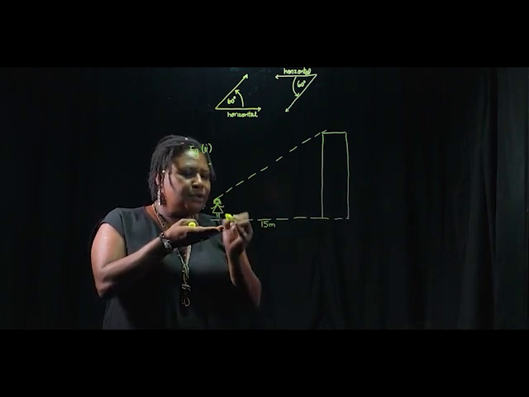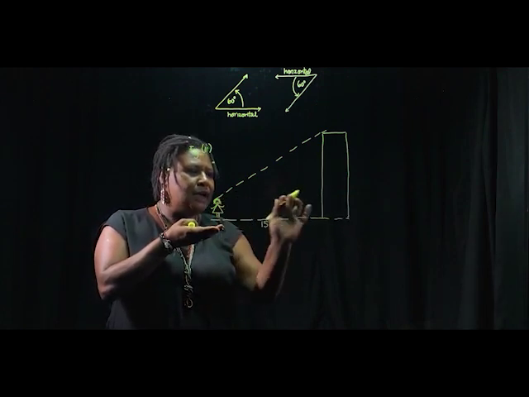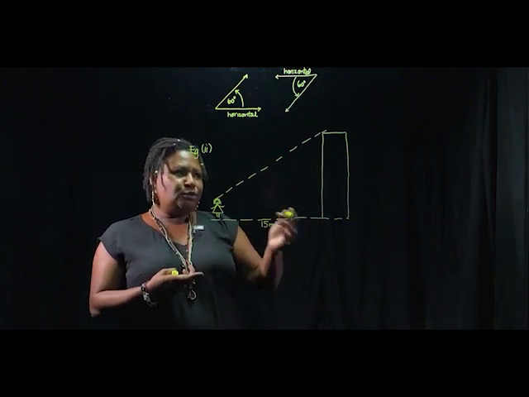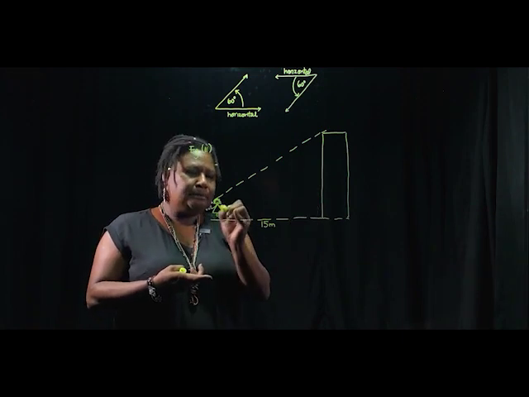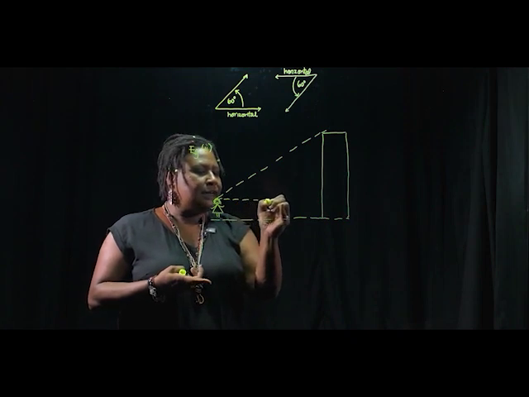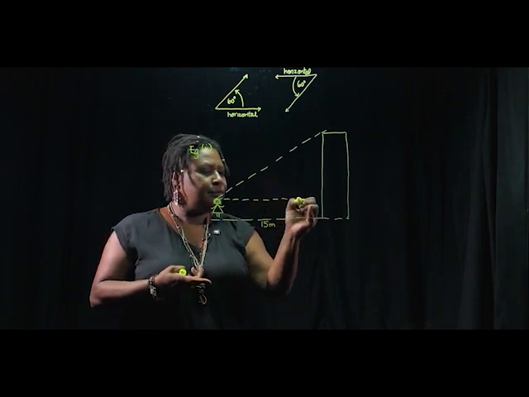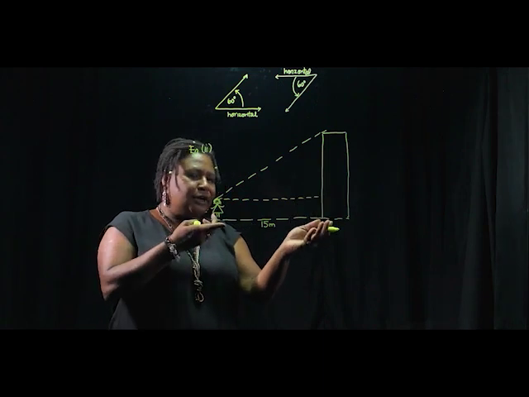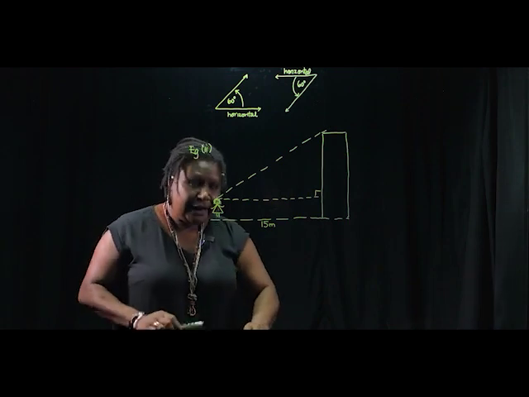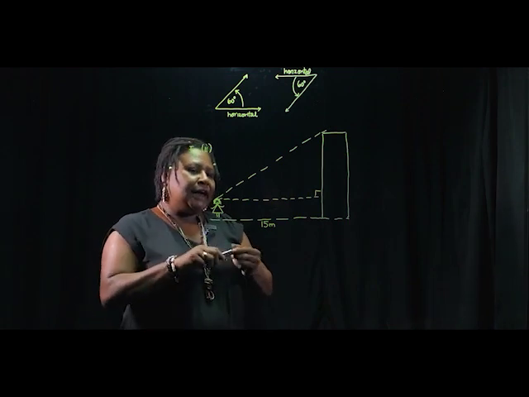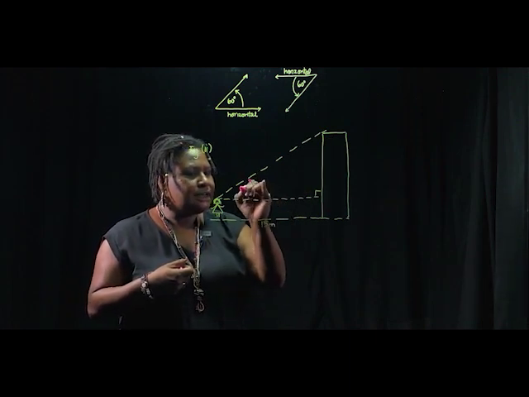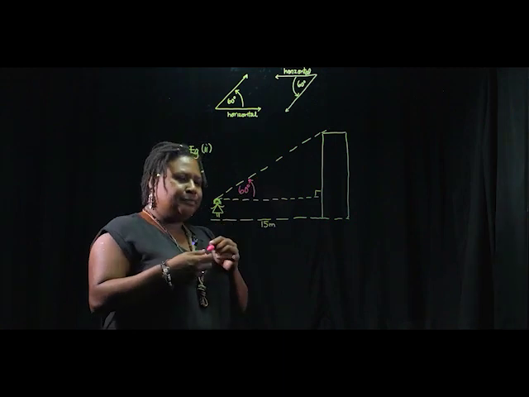Now, we would need to move a horizontal up here so that it forms a right angle triangle that can be used to help us find the height of the building. Make sure this line is parallel to ground level. So here's our right angle. The angle of elevation that her line of sight forms with that horizontal is 60 degrees.